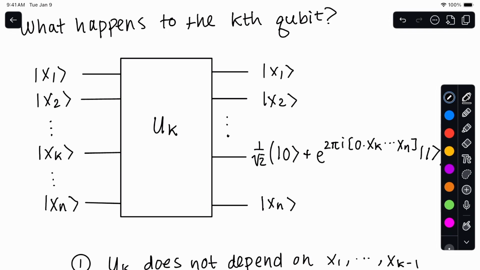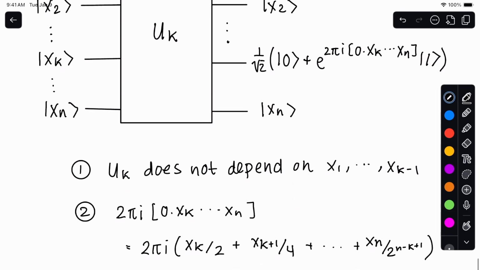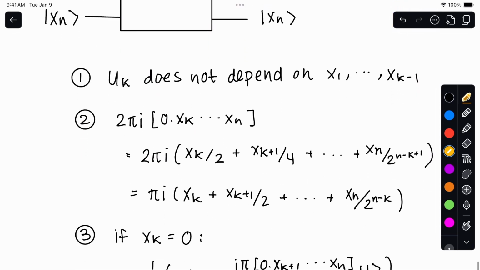There are a few things that we can notice about u of k. First of all, we can see from this decimal here that uk does not depend on x1, x2 up to xk minus 1. It only depends on xk through xn. We can write down what this is.